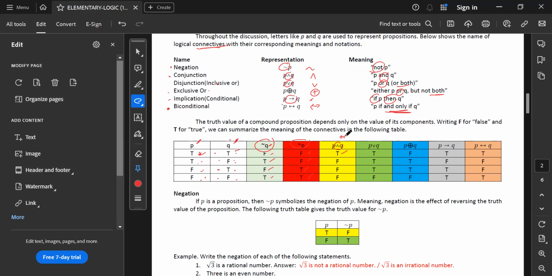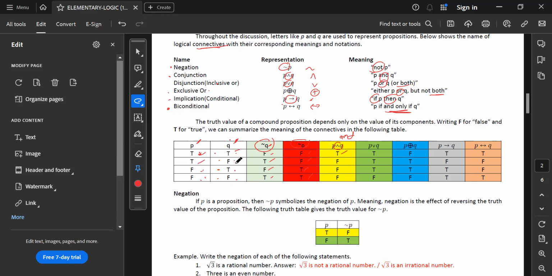Sorry, next is and. When you say and, both statements must be true. So true and true is true. If one of them is false, the entire truth value of the statement is false.